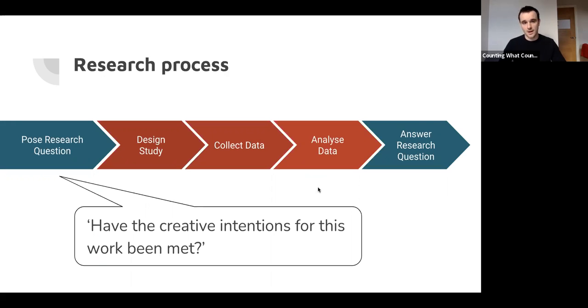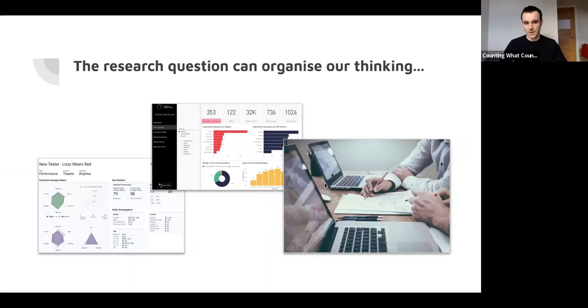And the reason why I'm reiterating this is that if you're looking at a report for the first time, or you're looking at a new dashboard type tool or something else data related, which is new to you, every data point might look interesting, or maybe every data point is irrelevant. And it can be difficult to know where to start and how to start thinking about that. And the research question can help organize the way you think about data and how you approach interpreting a report.